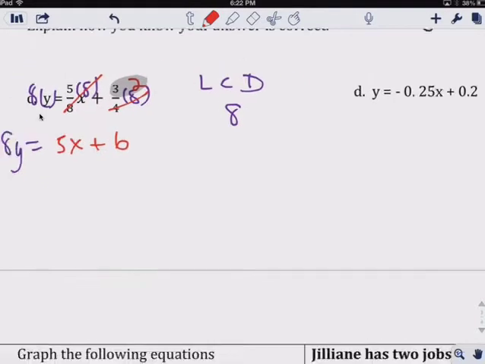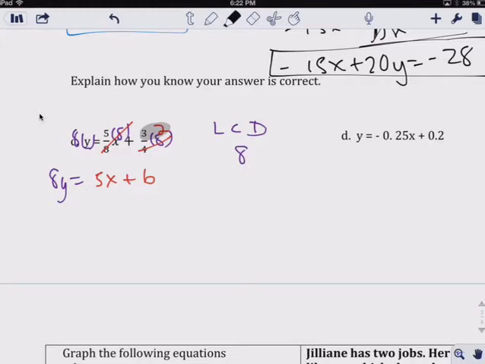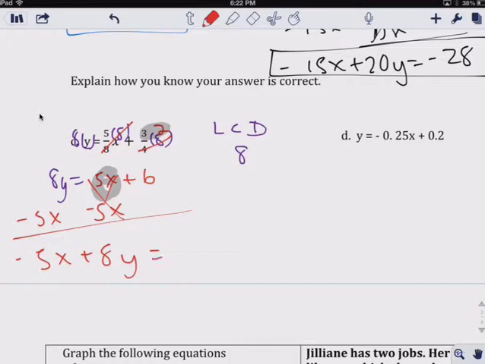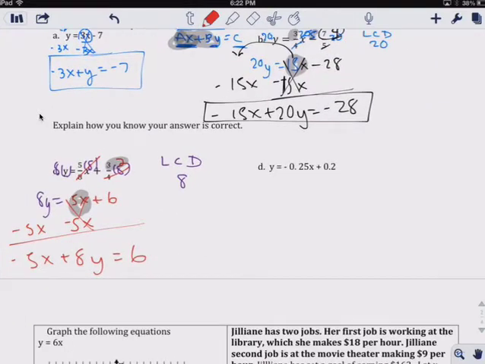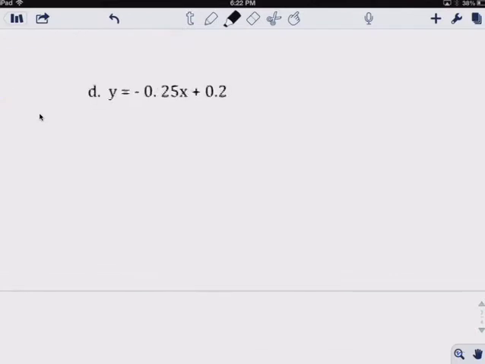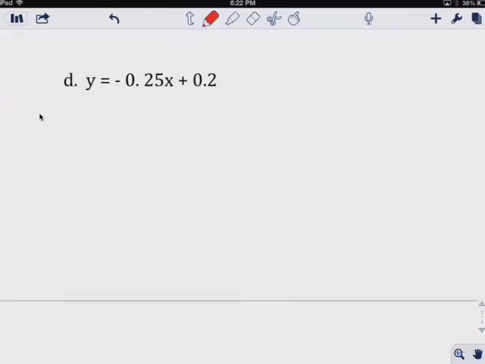Okay, which one's on the wrong side? The 5x again. The x is minus 5x, minus 5x. Okay, negative 5x plus 8y equals 6. That's in the form of ax plus by equals c. A, B, C are numbers, representing numbers. Know that. Okay, decimal's awful. This is the 100th place, so I multiply all of them by 100.